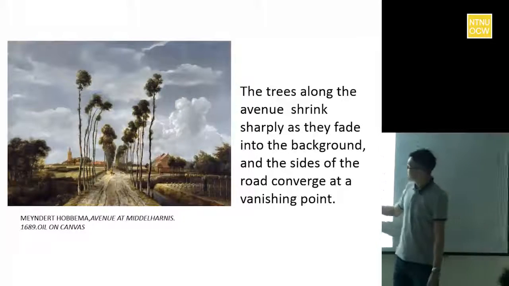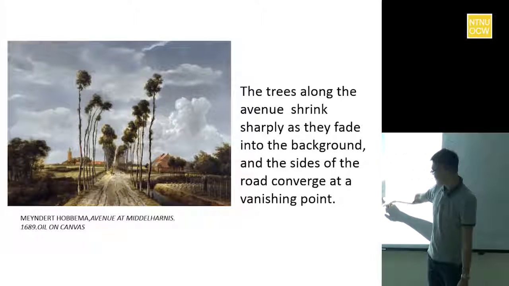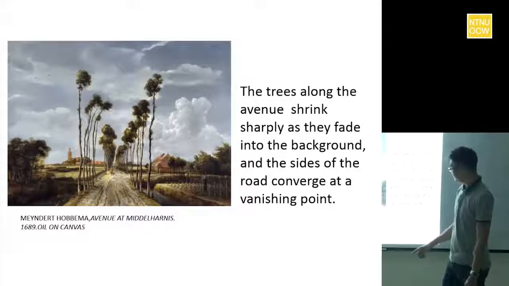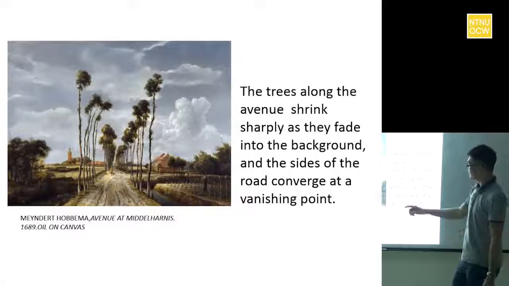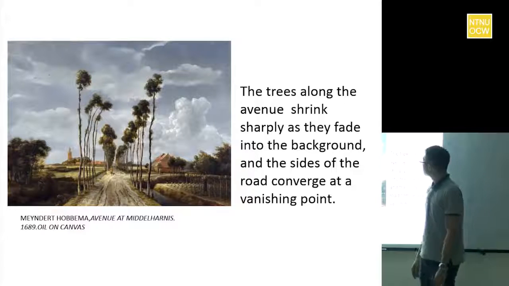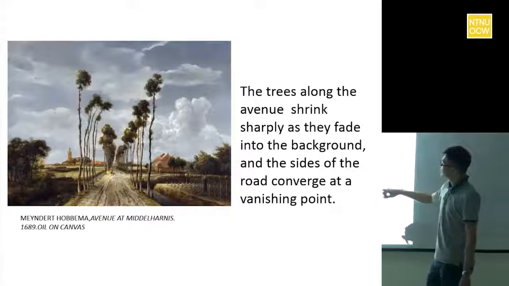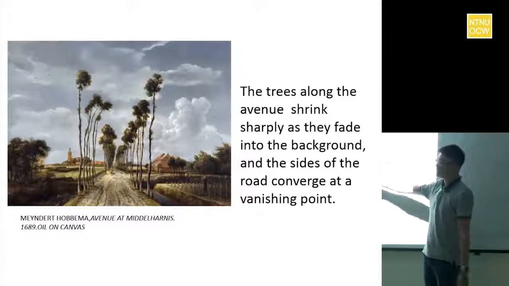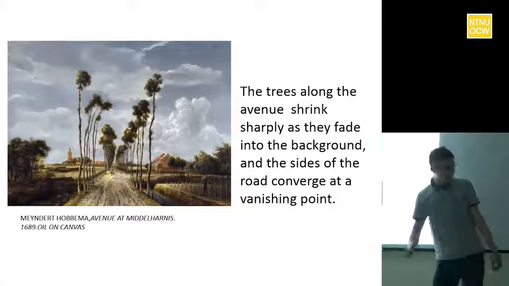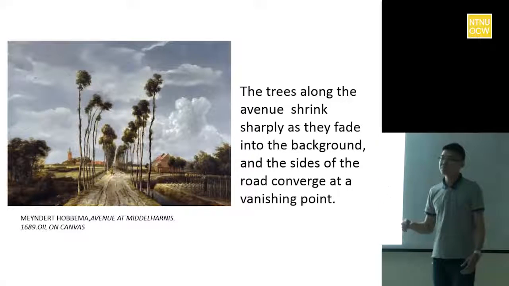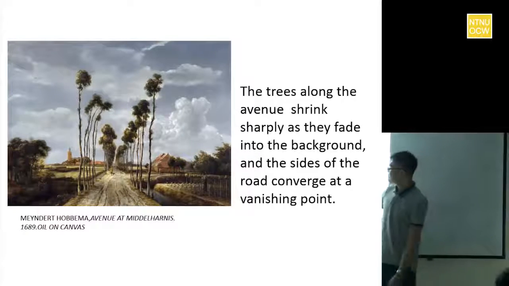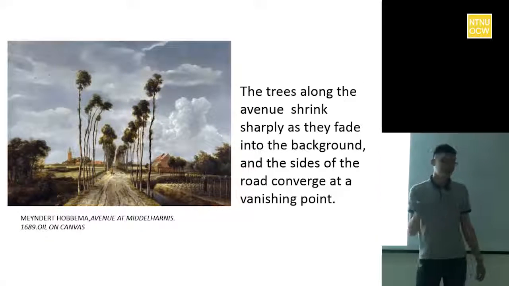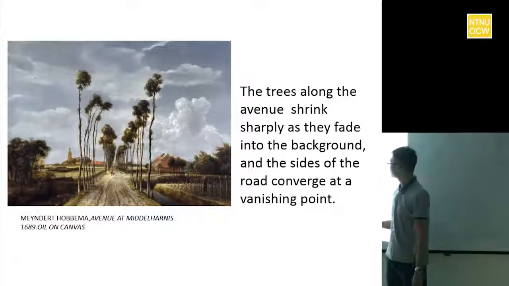Okay, this is another painting called A Avenue at Middelharnis, 1689. You will see that the painting gives you a more 3D feeling. The space in this painting is deeper than the last painting we have discussed.